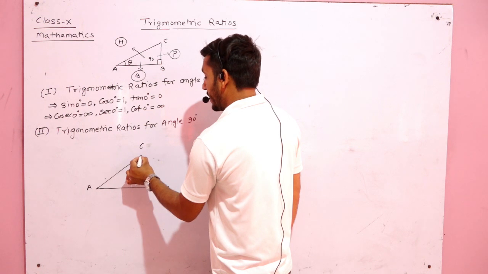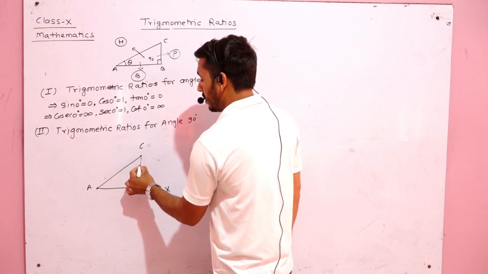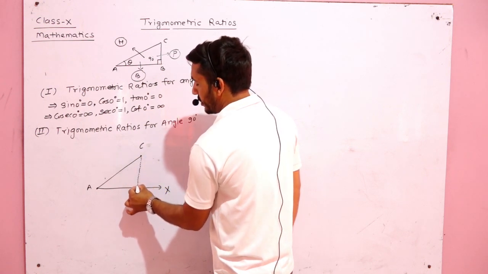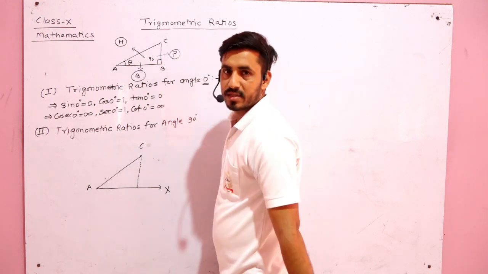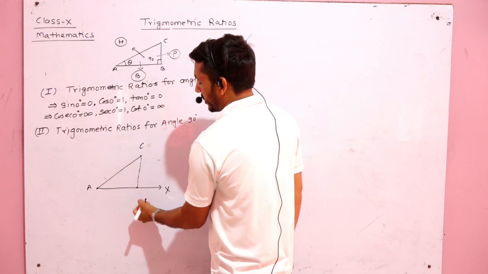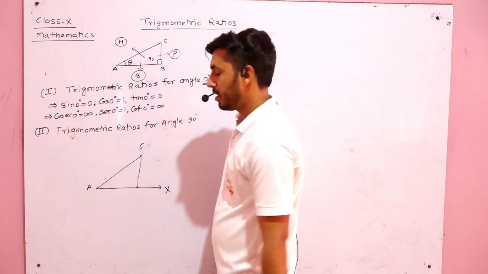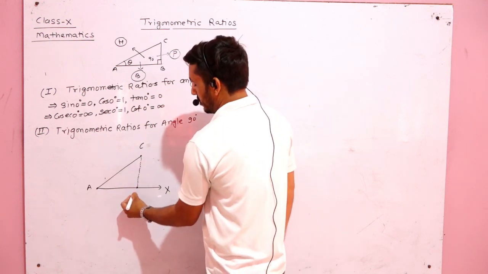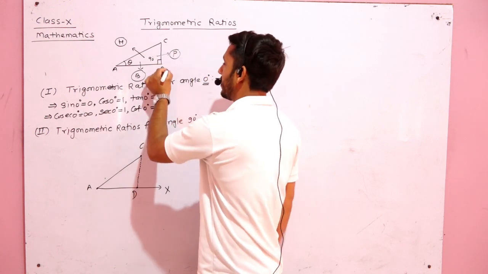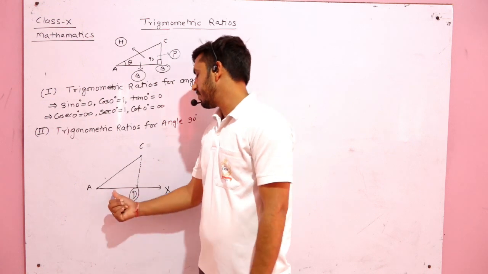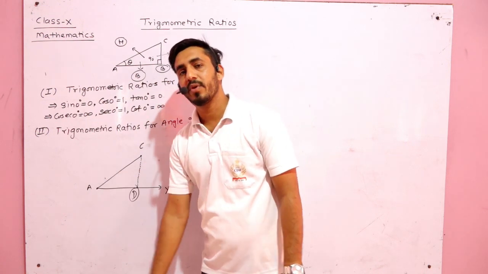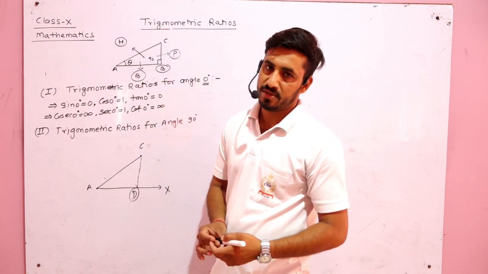Okay, I am making a perpendicular by the point C to line AX. In the intersecting of perpendicular to this line is D. Here I am writing B, but here I am taking as D, because we have to note down these sides in terms of perpendicular, hypotenuse and base.